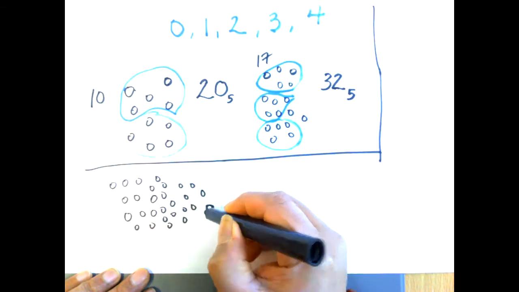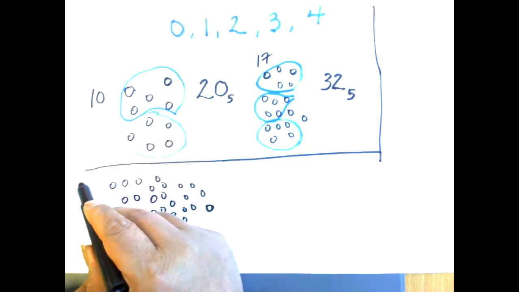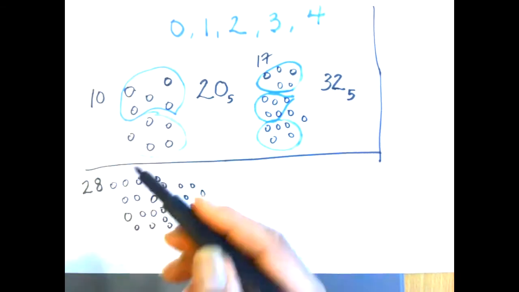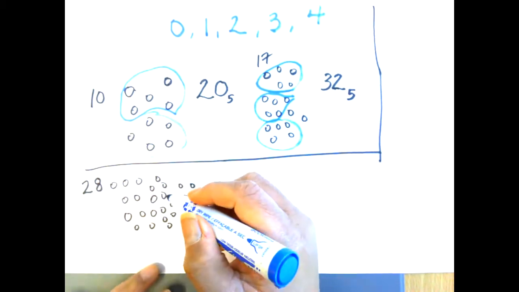There you go. Now, in this instance, this is 28 in our normal counting system. This is how we've been taught in school, but in a different culture or in a different environment, people can be taught how to count in fives, and this is what we're going to do.